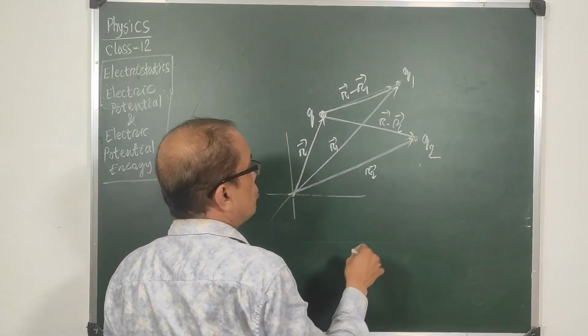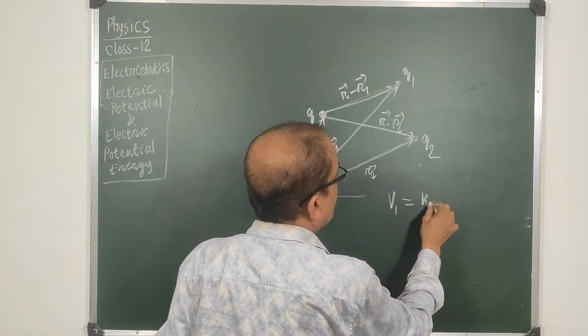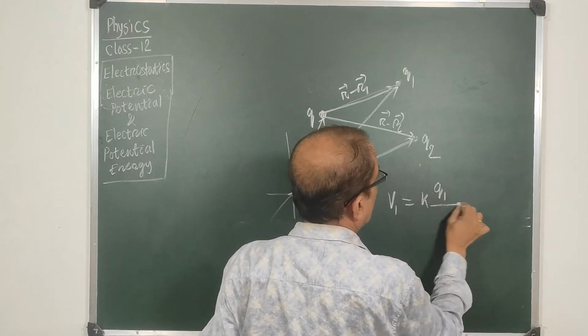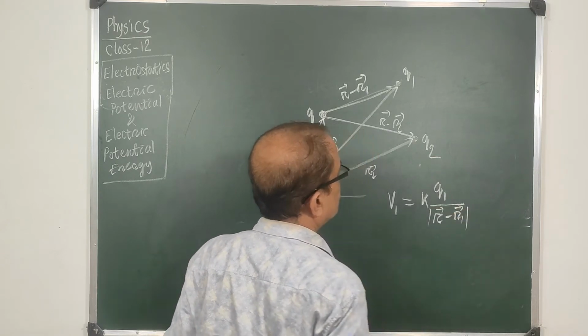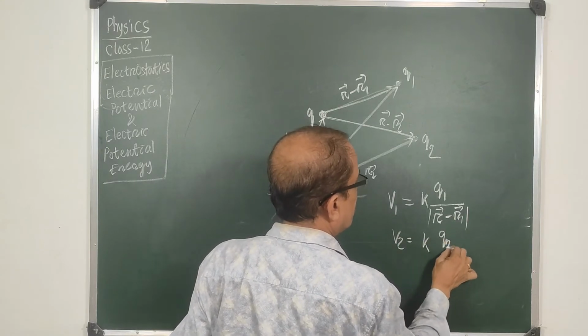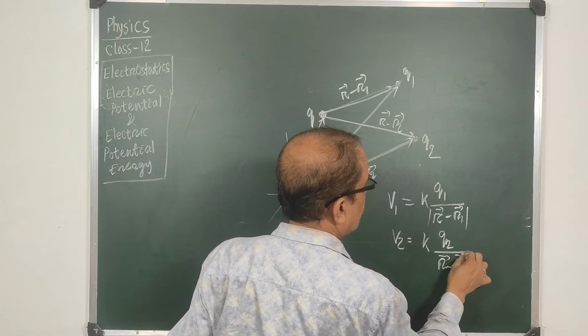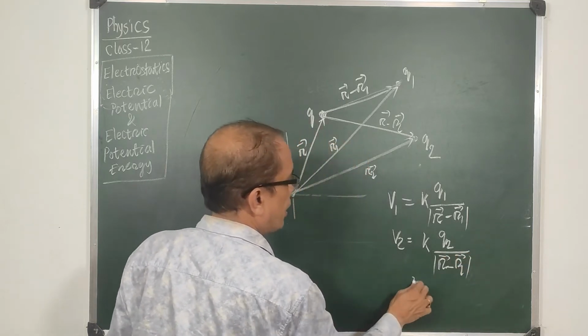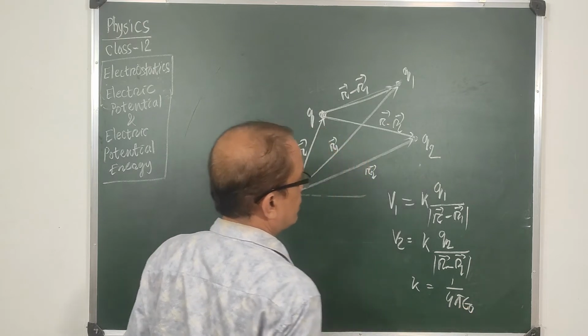So potential due to q1 is k q1 by magnitude of r minus r1, V2 will be k q2 by magnitude of r minus r2, where k is 1 upon 4 pi epsilon 0 for the SI system.